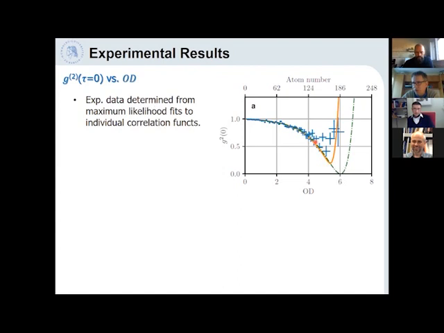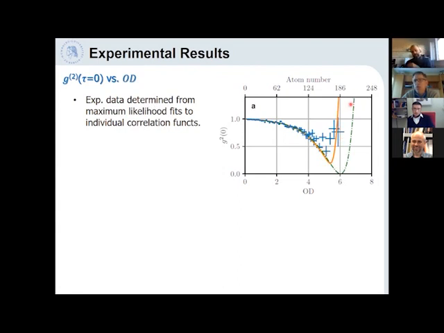For comparison, I show the ideal case. This is this green line here, which we should observe if we were not having fluctuations of the atom number. Then for the critical optical depth here, you would expect 0. In our case, it goes down to 0.4, the strongest anti-bunching we measured.